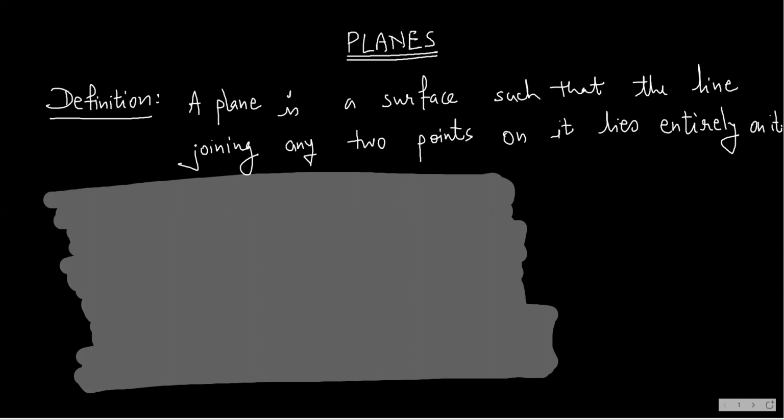Now how have we defined it? A plane is a surface such that the line joining any two points on it lies entirely on it. Now you do one thing, take any two points on this surface. What I do is I join these two points with a straight line.